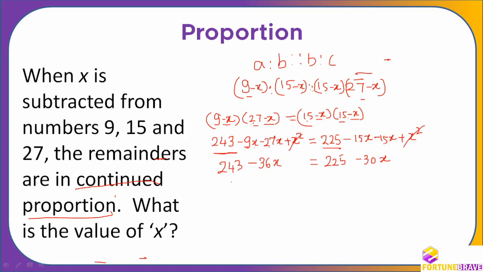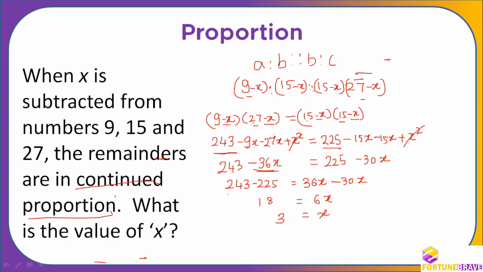I'll take this side, 243 minus 225, which is equal to 18. Minus 36x will become plus 36x minus 30x. So what will happen here? 6x, so x is equal to 3 again.